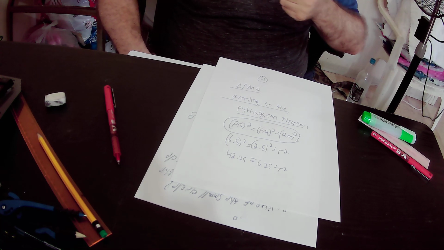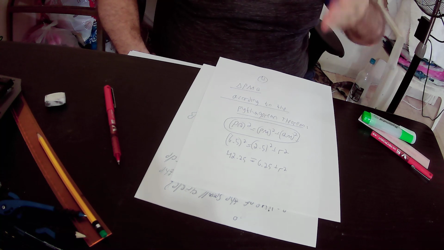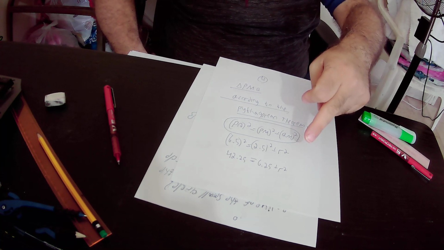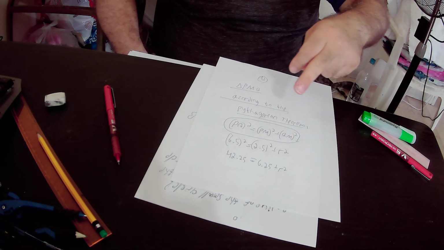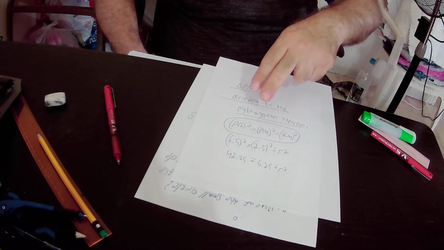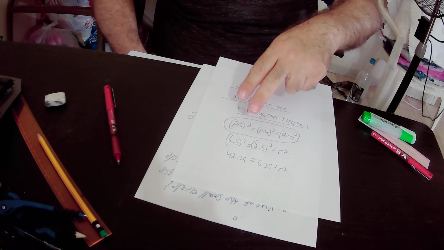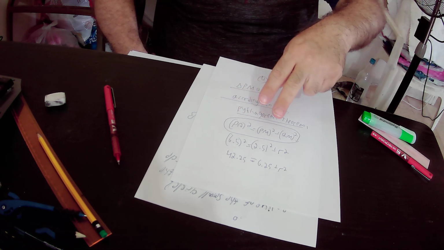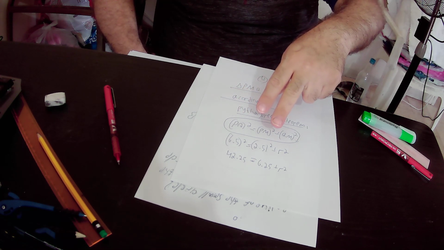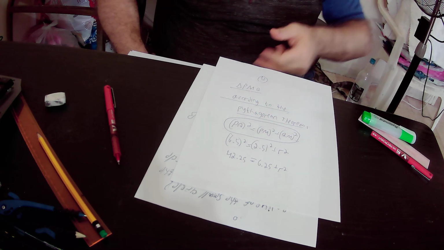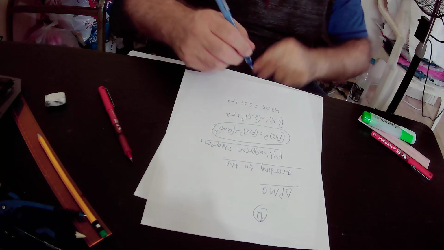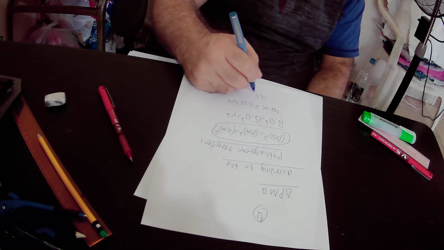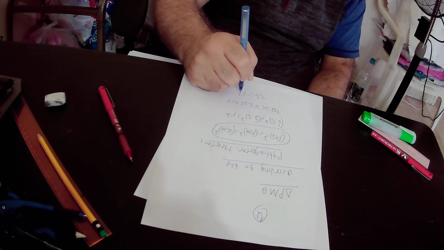We will subtract 6.25 from this equality. We will get that 42.25 minus 6.25 equals 36. So in total we will get that 36 equals r squared.